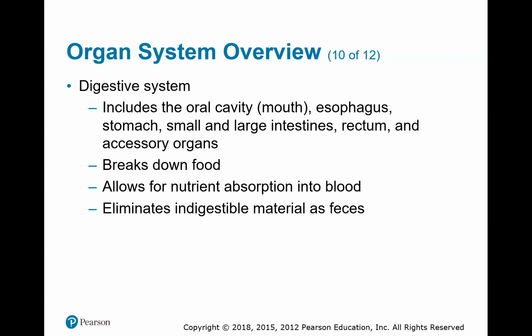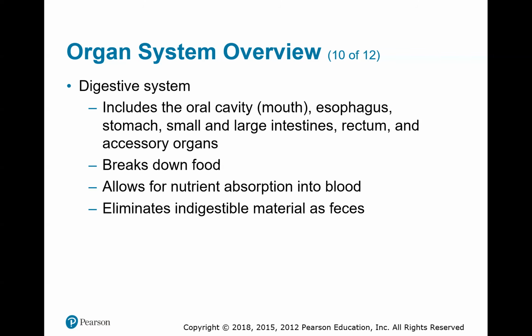And when we discuss the digestive system, we think of this giant long tube called the alimentary canal, and it runs from your mouth to your anus. So you think of the mouth, the esophagus, the stomach, your small intestine first, then the large intestine, the rectum, and then the anus.